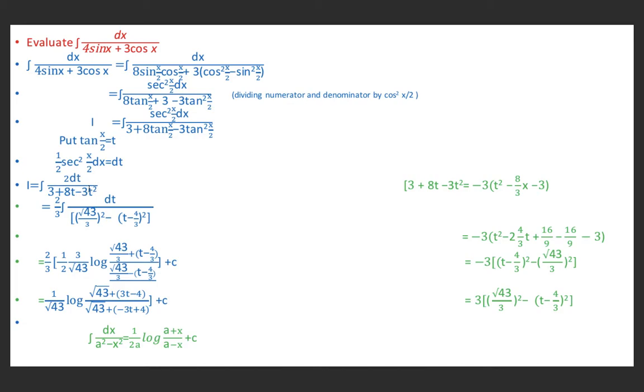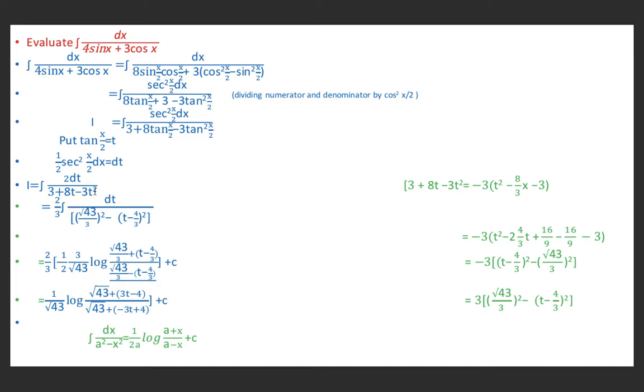So first of all, try to decompose it into square of sum of two terms or square of difference of two terms. Also notice that here the coefficient of t square is minus 3. So try to make the coefficient of t square to be 1.